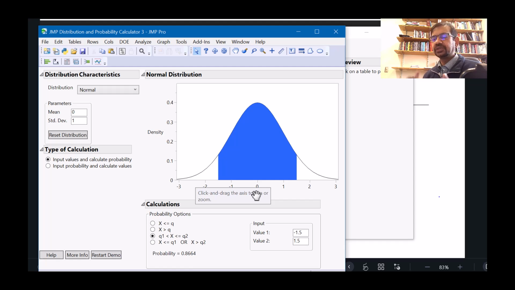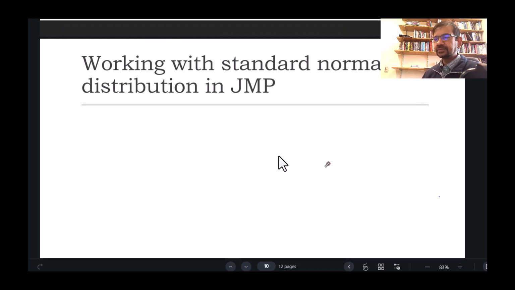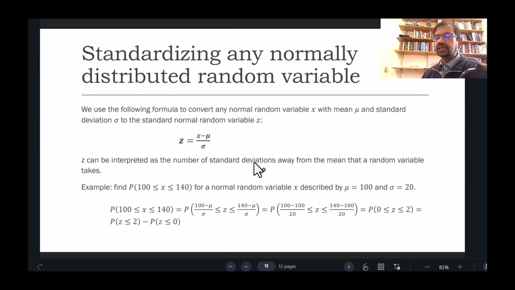So this is how we will use the distribution calculator to work on problems involving the standard normal distribution. What is neat is that we can convert any random variable x which follows a normal distribution to a standard normal distribution.